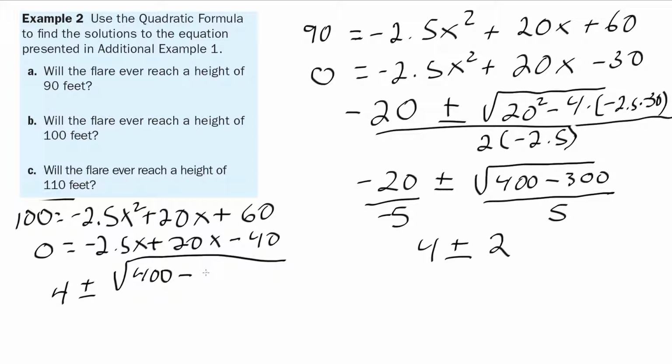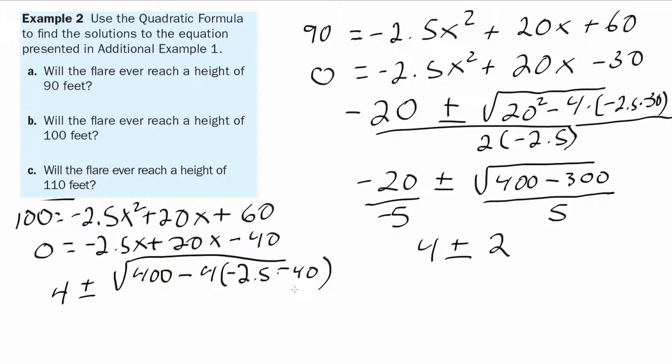Minus 4 times a negative 2.5 times a negative 40. And 4 times a negative 2.5 equals 10. 10 times 40 is 400.